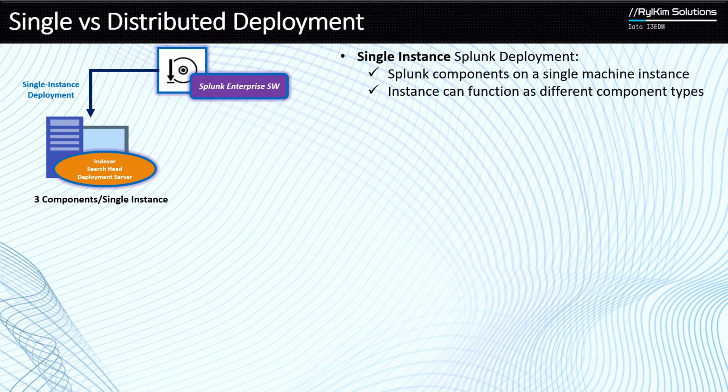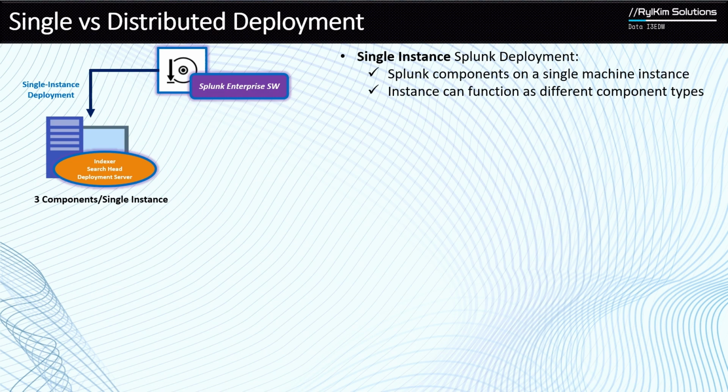And then the instance can function as different component types. Again, as we saw before, I think we already gave this clarity. When you say that you configure an instance to be a Splunk component, such as an indexer, a search head, a deployment server, and whatnot, it doesn't mean that each instance can only function as one component.